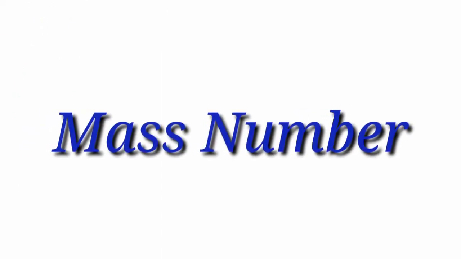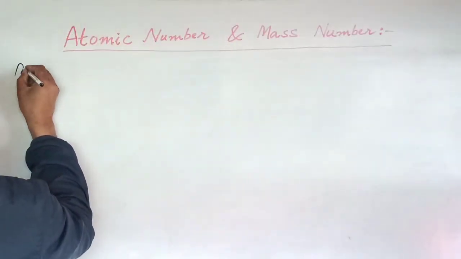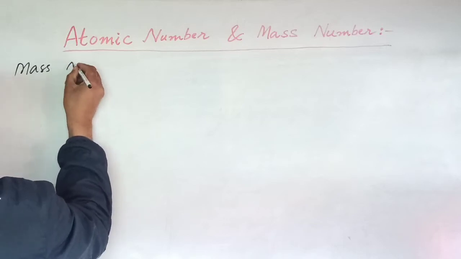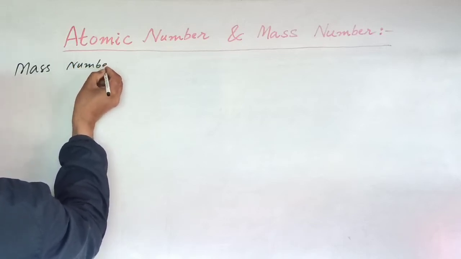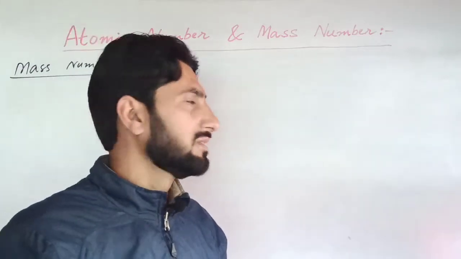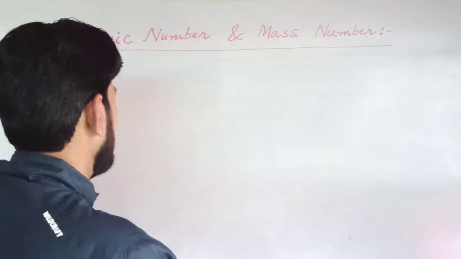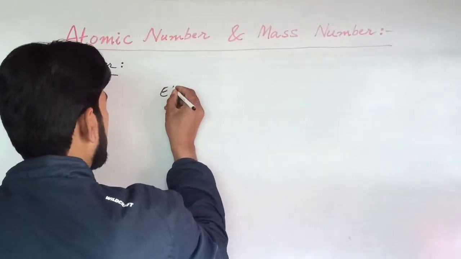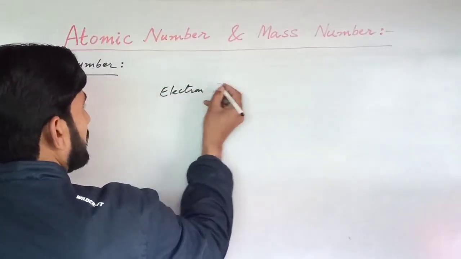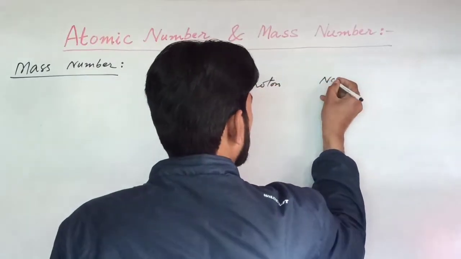Now, mass number. An atom possesses mass. The mass of an atom is due to three fundamental particles, that is electron, proton, and neutron.